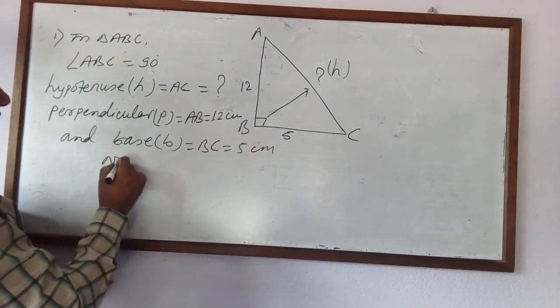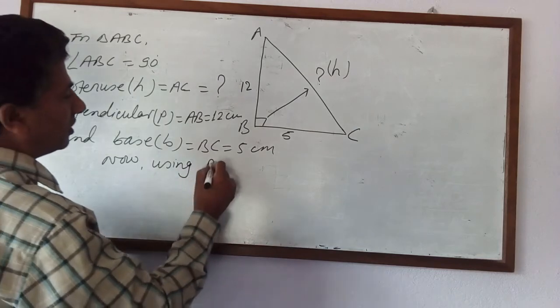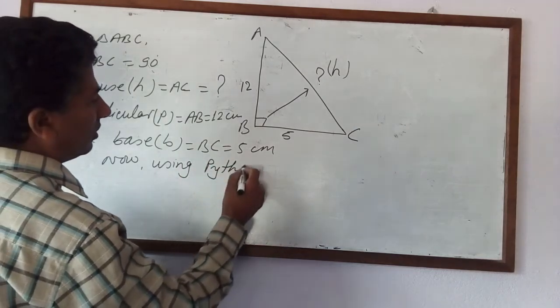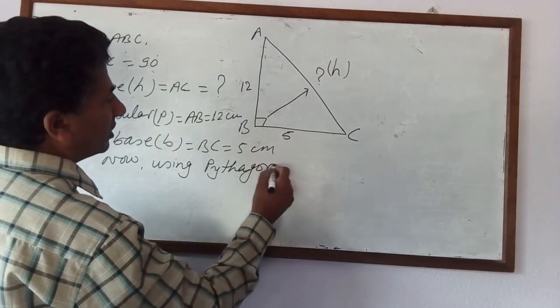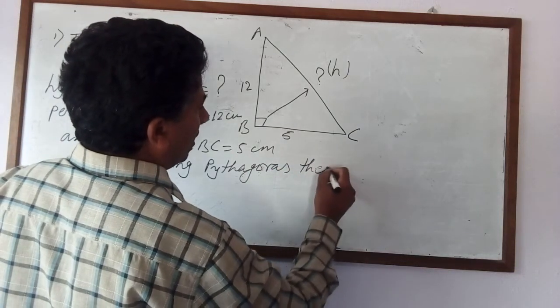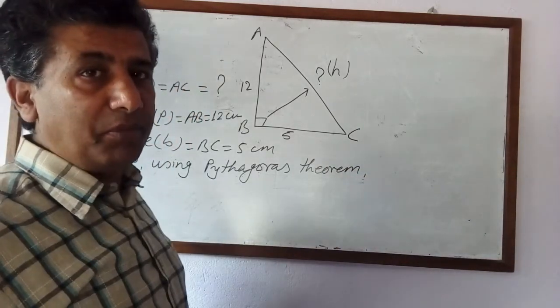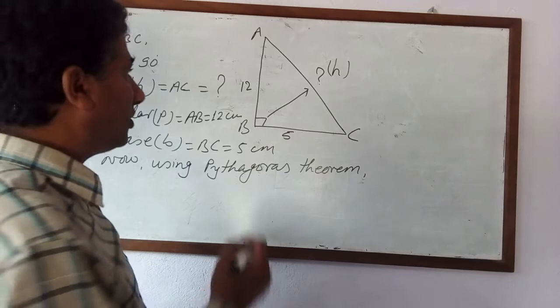Now using Pythagoras relation or theorem, you can write either. From the Pythagoras theorem we have derived the relation between P, B and H. That's why you can write the Pythagoras relation.